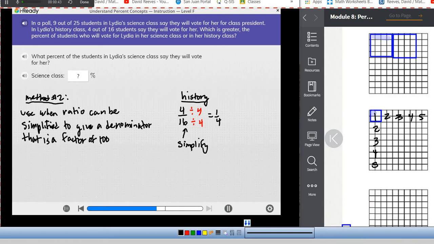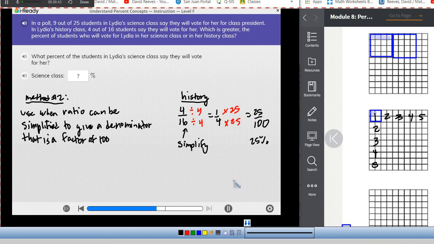So we then multiply that by 25 and that by 25, and we end up with 25 over 100, which is 25%.